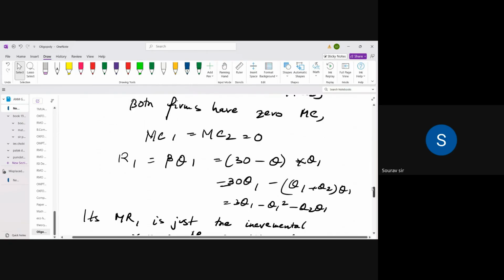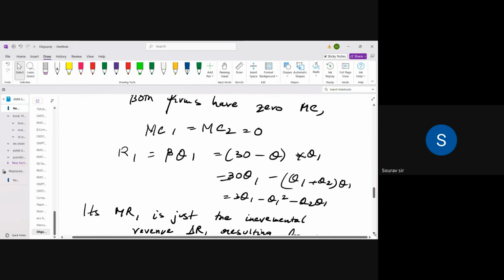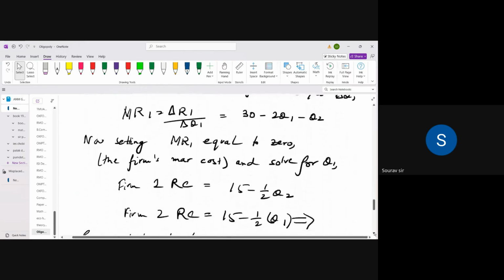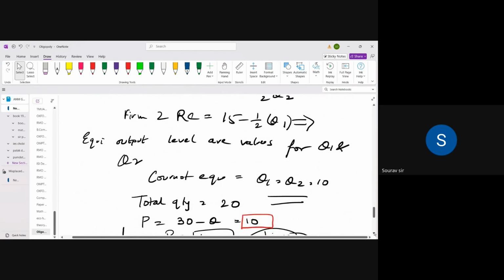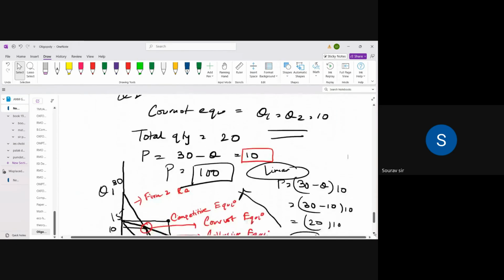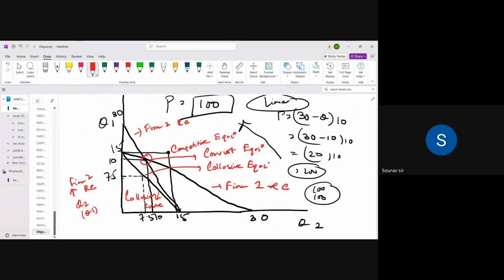Now, why do I draw this? I have got that individual profit is 100, and it is 15 minus half of Q1. So 15 minus half of Q1 is how much? Q1 we have already found out. So 15 minus 5, so 10. So here I got 10.